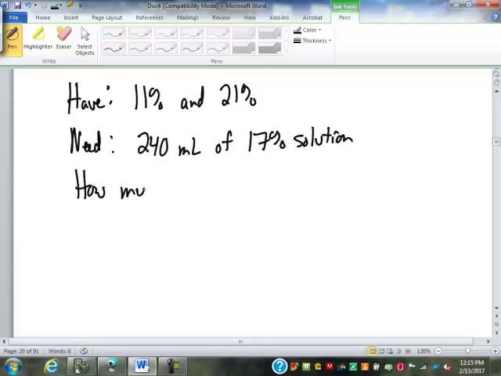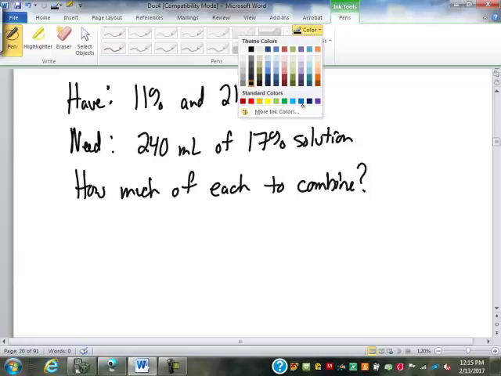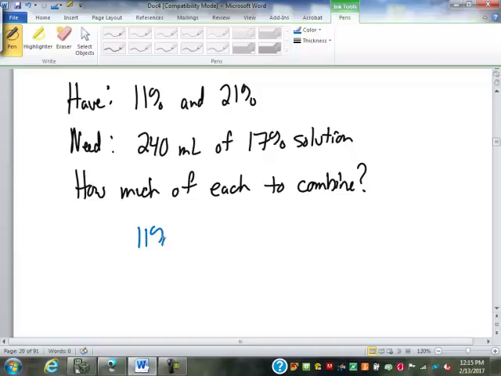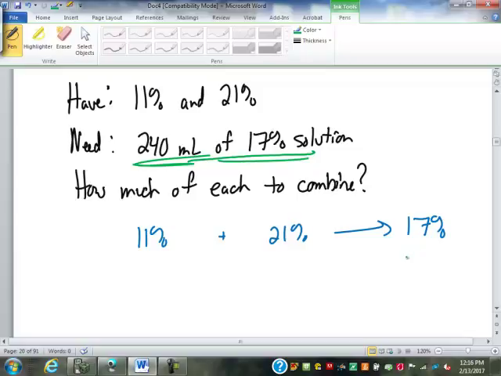So the question is, how much of each do we need to combine? So here we are combining 11% and 21% in the hopes of getting a 17% solution. The only amount we know, though, is the 240 milliliters, and that represents which percent? That represents our result of 17%.